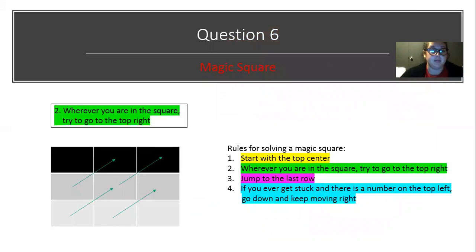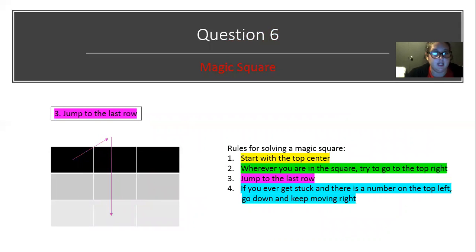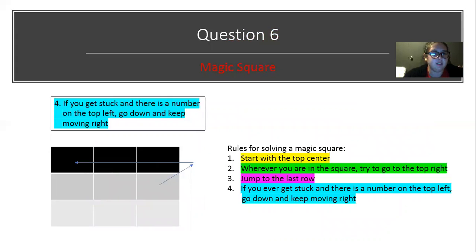And then step 2 is wherever you are in the square, just try to go to the top right. The whole time, that's what you're going to try to do. And if you can't go to the top right, like I've shown in that first arrow, like there's not a box there, then you're just going to jump down to that last row. And if you ever get stuck and there's a number on the top left, just go down and keep moving right.